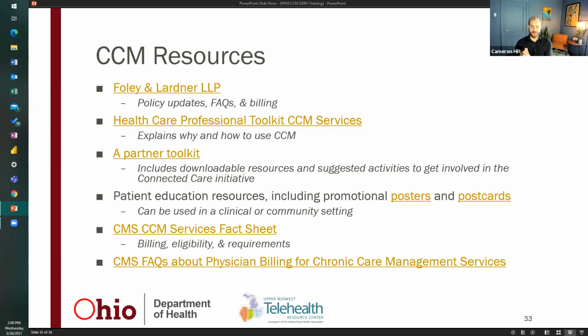So I think the CMS CCM service fact sheet will actually break down which professionals are eligible. Mm-hmm. So especially if you're not wanting to push it onto your nursing staff, you might have some additional professionals that could ultimately help take the workload off of them. Right. Absolutely.